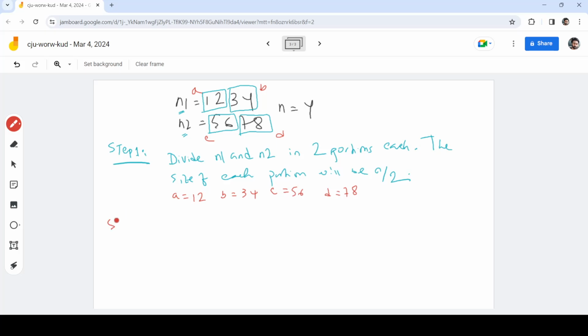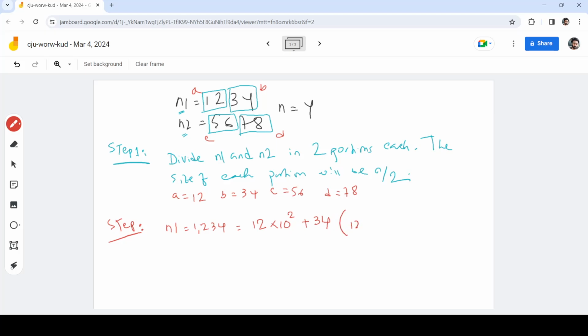তারপর স্টেপ হচ্ছে আমরা n1 কে, which is 1234, এই নাম্বারটাকে কিন্তু আমরা এইভাবে লিখতে পারি। কিভাবে? 12 times 10 to the power 2 plus 34, ঠিক না? কিভাবে?